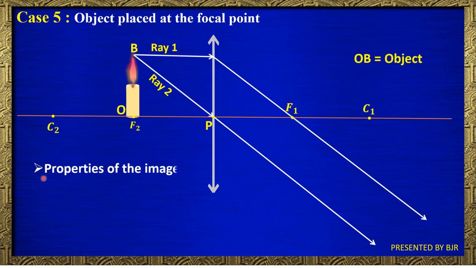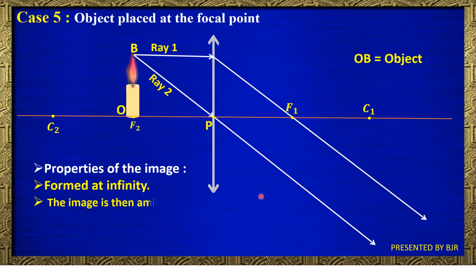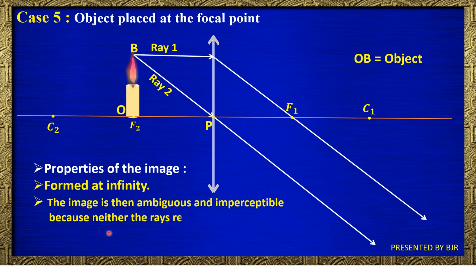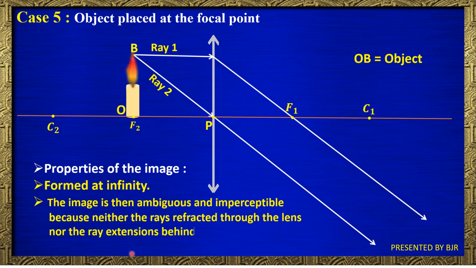So see here, properties of the image formed at infinity. Here the main thing is that the image is then ambiguous and imperceptible because neither the rays refracted through the lens nor the ray extensions behind the lens cross to form an image.